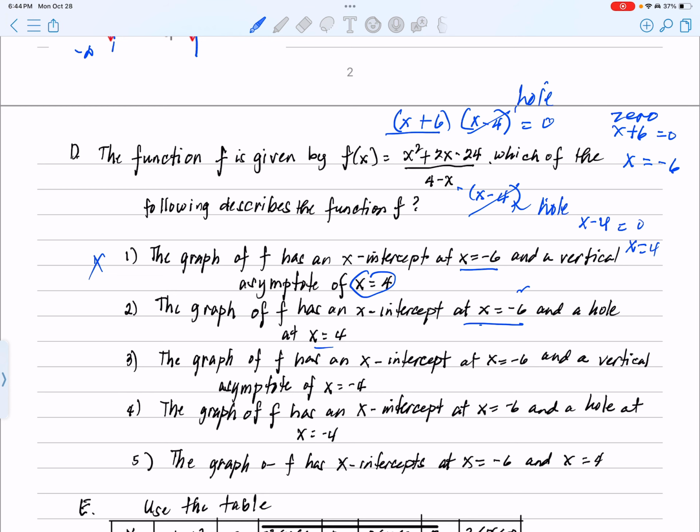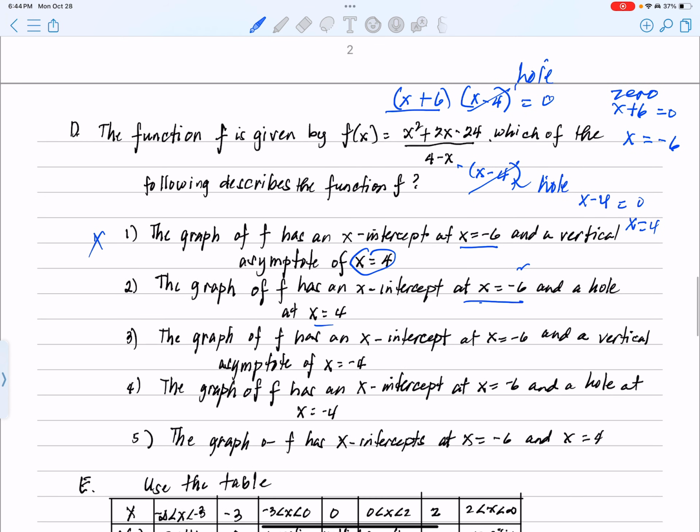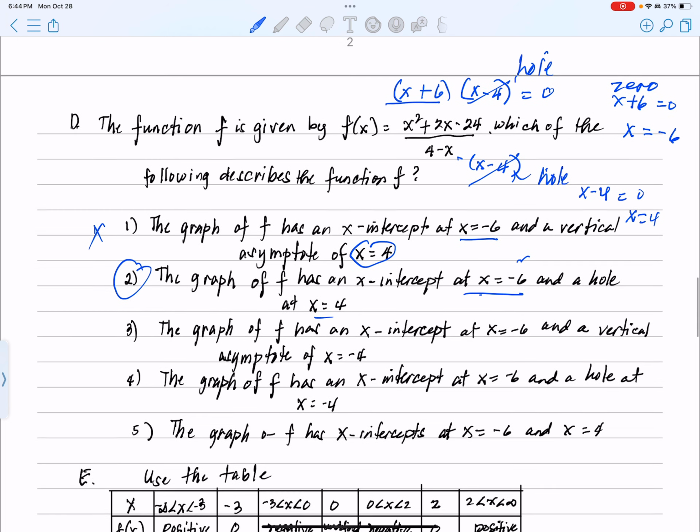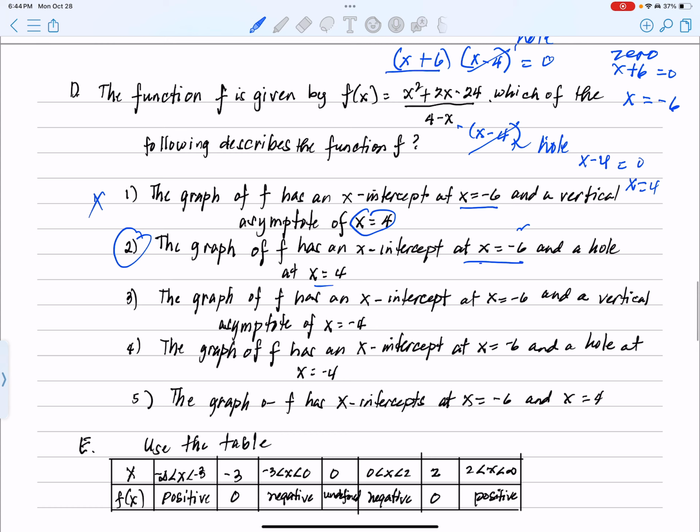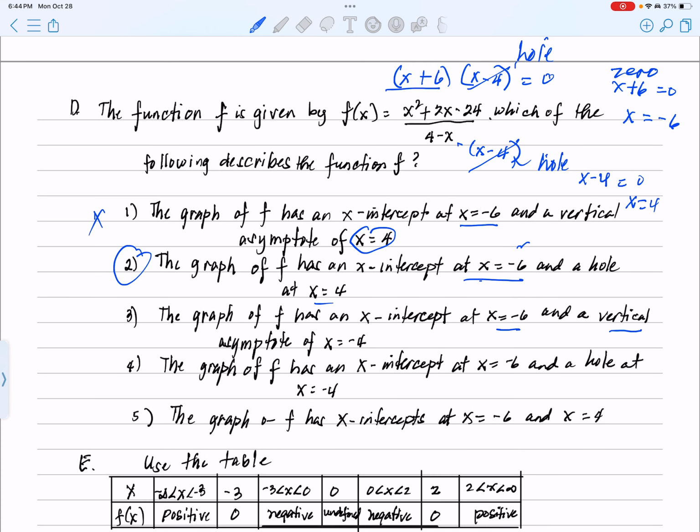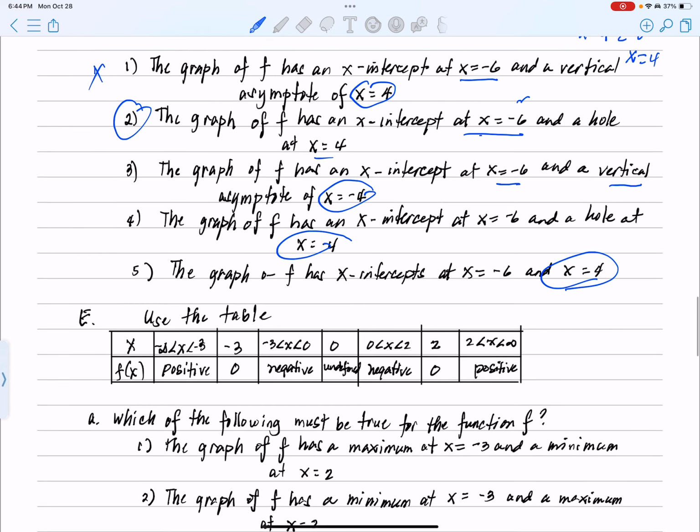So this is correct. Is there another one? X-intercept at negative 6, vertical asymptote at negative 4. No. The graph has an x-intercept and a hole at x equals 4. No. The graph has an x-intercept and x equals 4. No. So our answer is number 2.